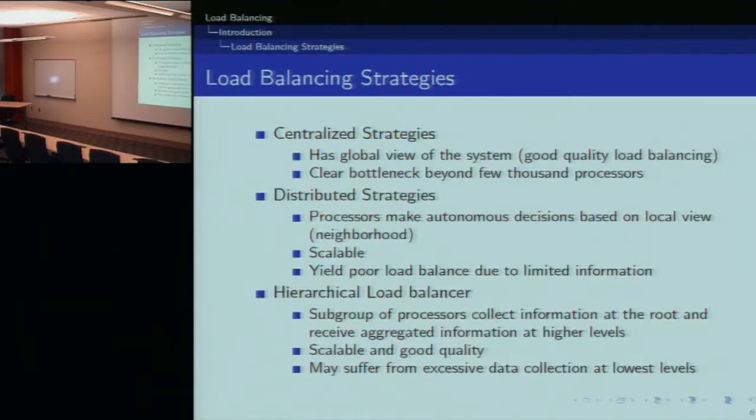Once the decision has been made for the subgroup, aggregate information is passed on to the higher levels of the hierarchy. This is quite scalable and usually yields good quality, but sometimes it suffers due to excessive data collection at the lowest level, and if the number of levels of the hierarchy is quite high, then the quality is not that good.